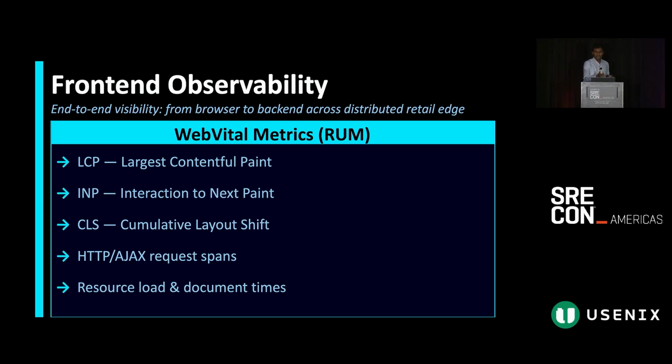LCP measures how long it takes to load the largest content in your application, that is basically load time. INP is responsiveness. If a page is loaded and a user wants to interact with your application, for example entering their credentials in your dashboard, how responsive is that? And CLS is stability: once the page is loaded, how stable it is.